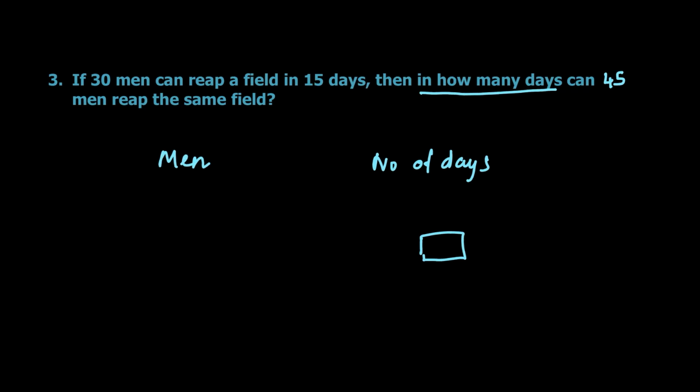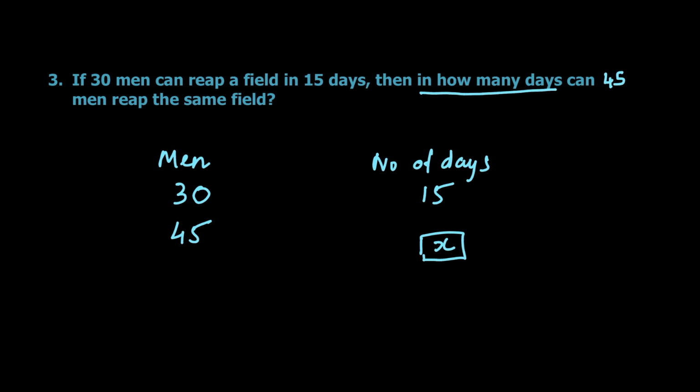Now let us fill in what all information we have. 30 men can reap a field in 15 days. Below men, I will write 30, and below days, I will write 15. In how many days, okay, this is x, the unknown value, can 45 men, below men I will write 45, reap the same field. First, we will decide whether this is direct or indirect quickly.